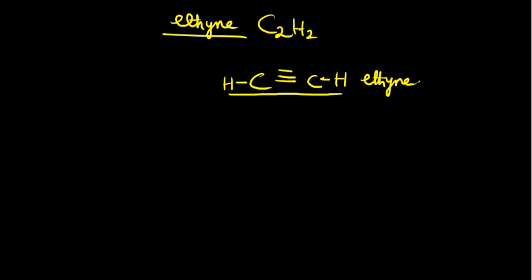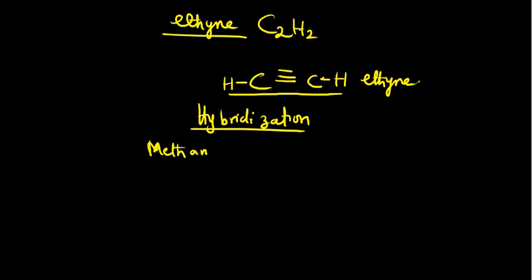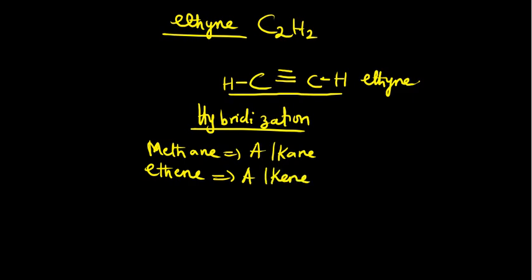Now let's go to their hybridization. Now you should know something, that methane is the first member of alkane. Please take notes. Ethene is the first member of alkene. Ethyne is the first member of alkyne. I hope you understand.